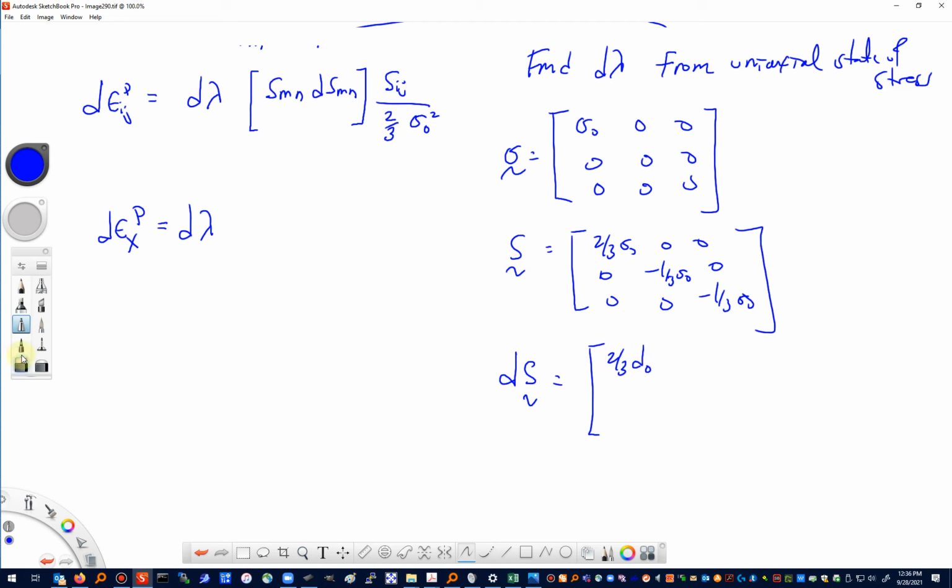Oops, should be d sigma naught. Actually, since it's a uniaxial stress state, it's going to be d sigma x.